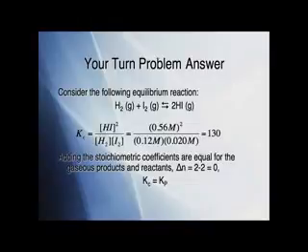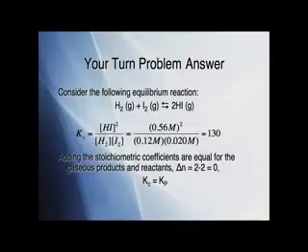Now, the equation that we use to convert from Kc to Kp is that Kp is equal to Kc times the product of RT raised to a power of delta n. Before we even write that equation down, we can find delta n, because if delta n is 0, then Kc will equal Kp.